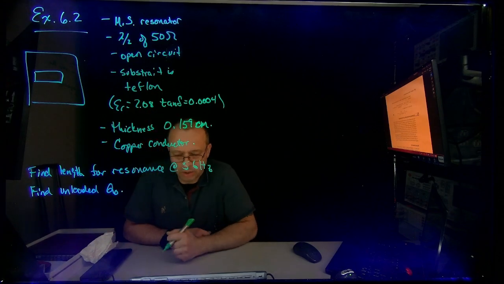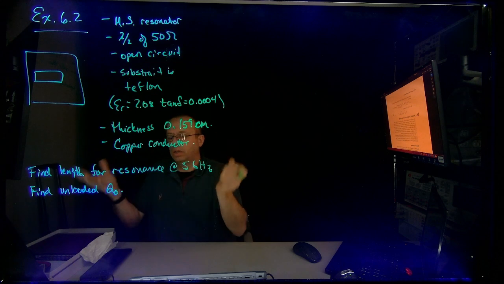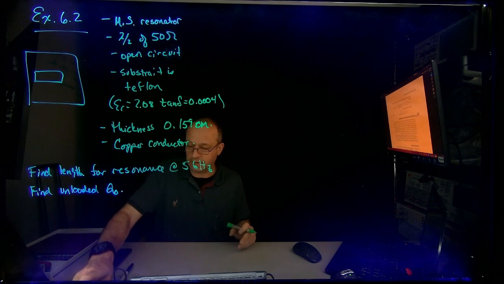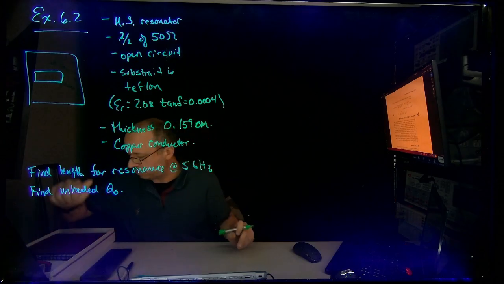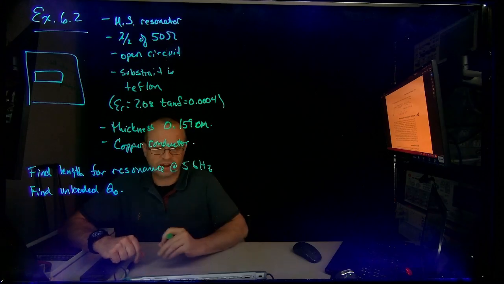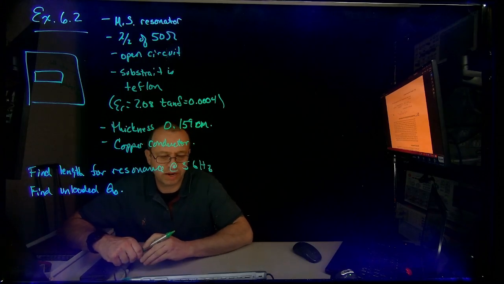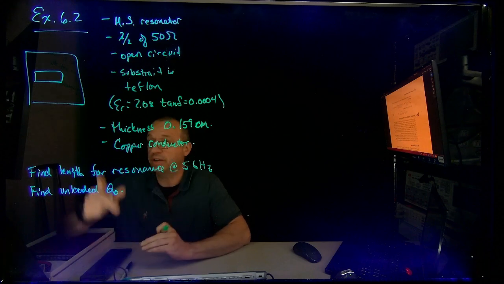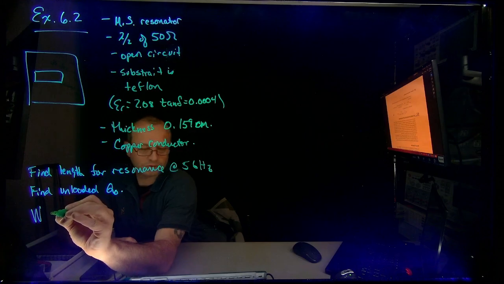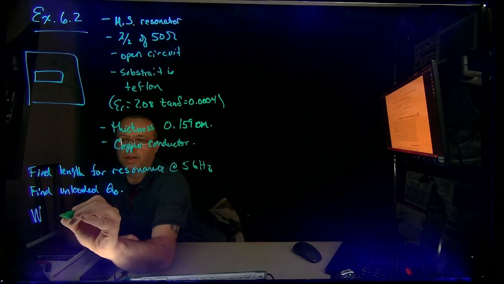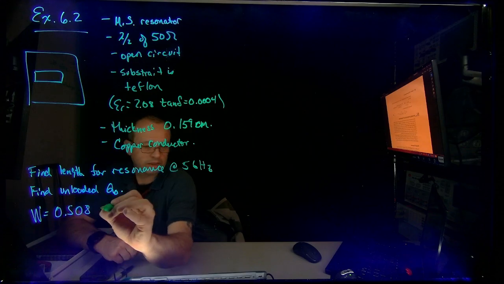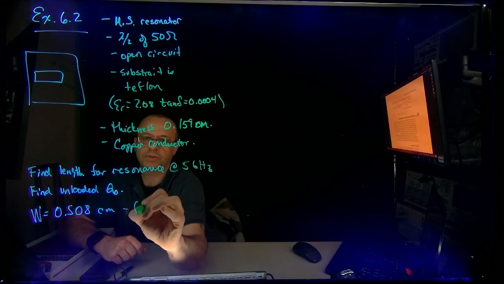Your textbook, and I did this example problem in class. I don't know if you remember it or not, but from chapter 3, we found the width of a 50 ohm microstrip line in a Teflon substrate. So we're going to use that. The width equals 0.508 centimeters, and this is from chapter 3.